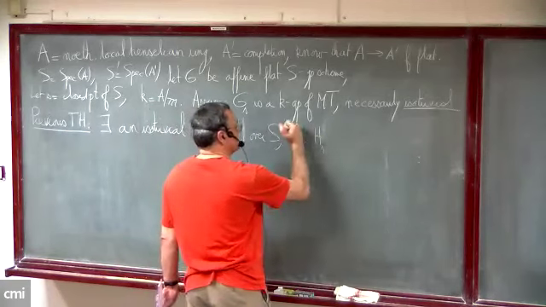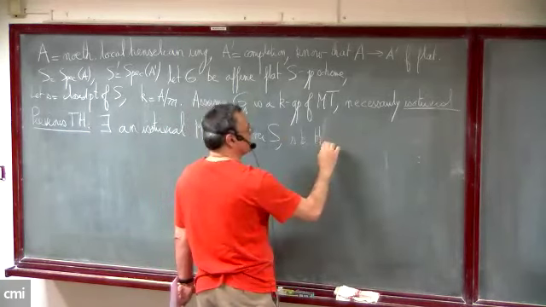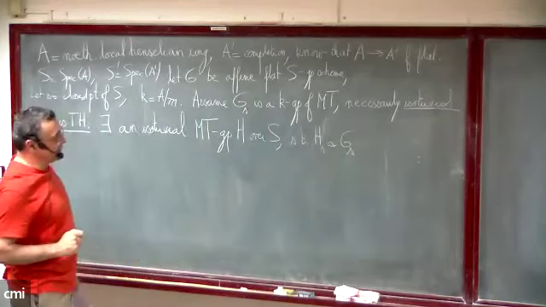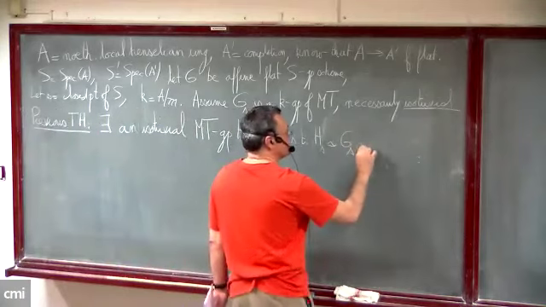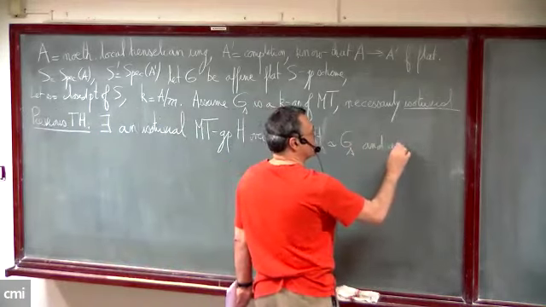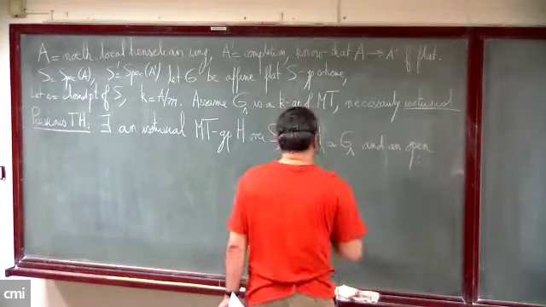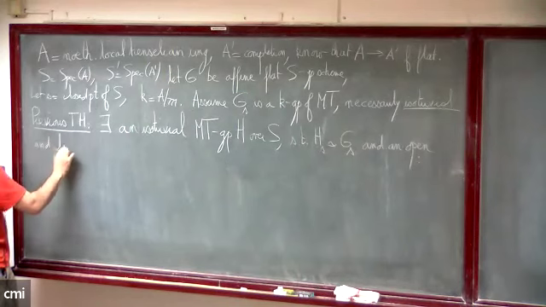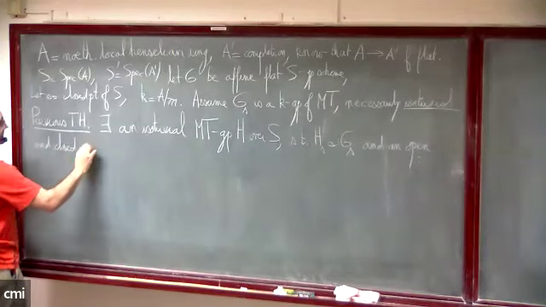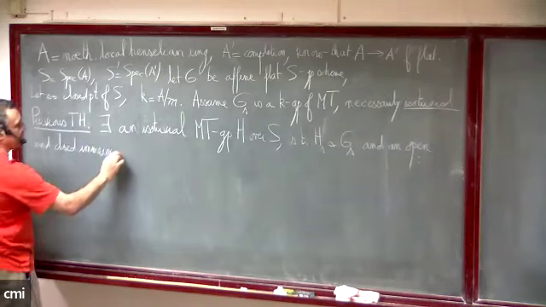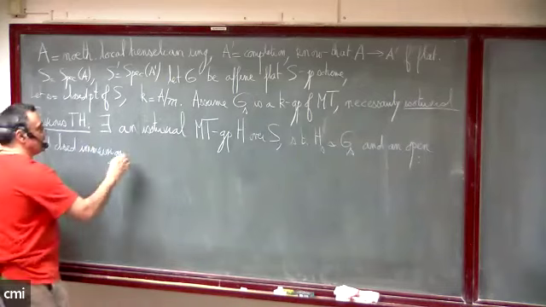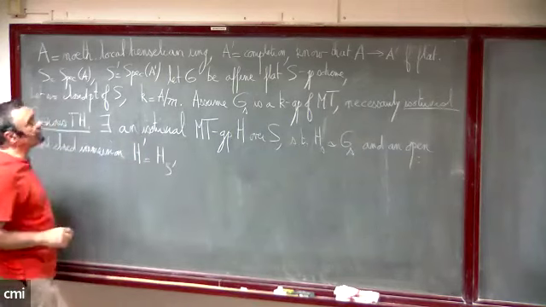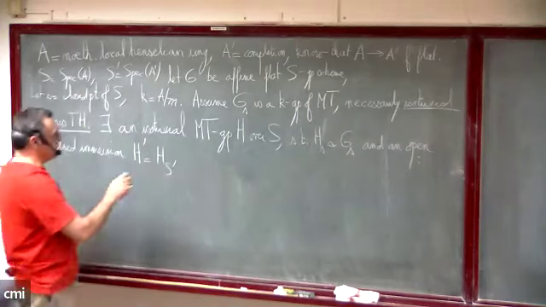whose closed fiber is the given group of multiplicative type and an open and closed immersion from H prime, which is the base change to the completion of the local ring.